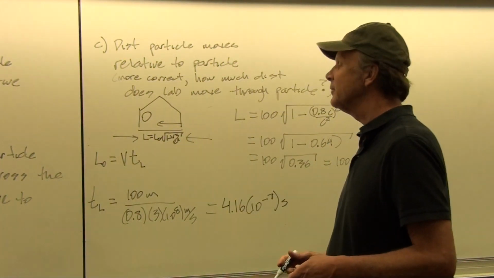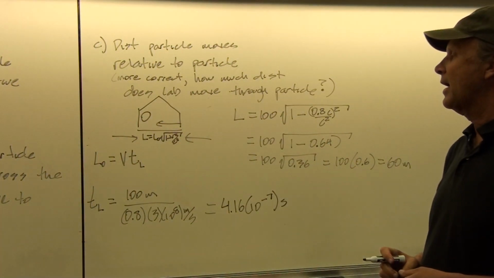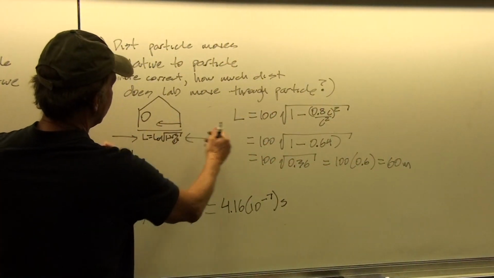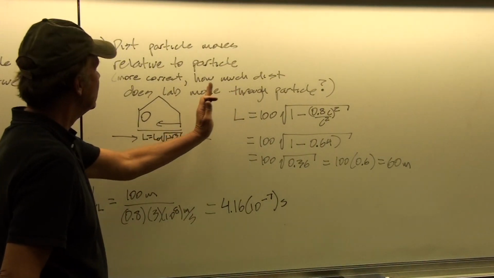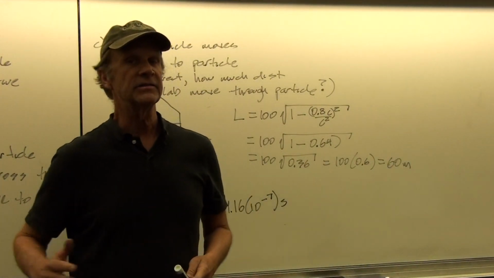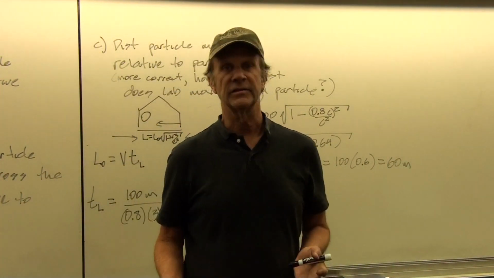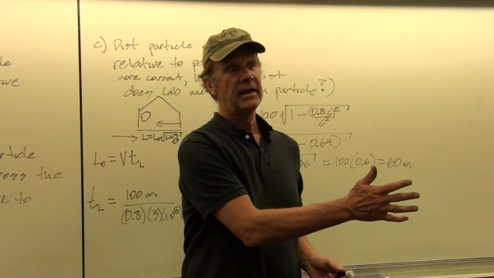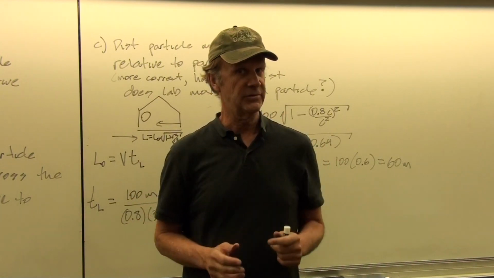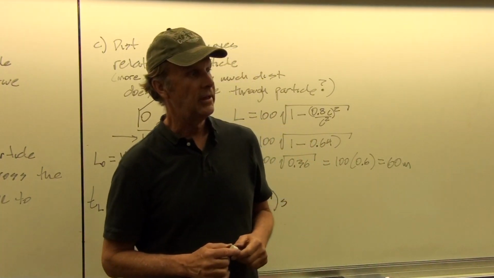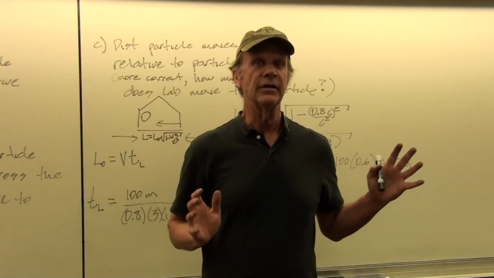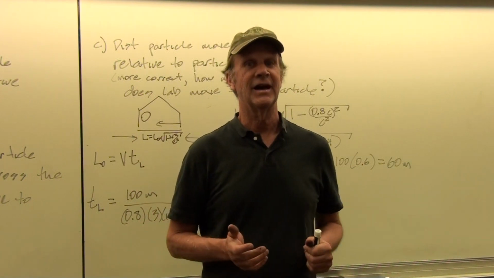Okay, because the particle is traveling through an object that's moving through it and is length contracted, just like the meter stick is length contracted. Here, the lab is length contracted. And so, if I were moving, let's say at 80% the speed of light, through a room full of students, you would think, well, you look pretty funny because your head's really oval, much skinnier than normal, and I would be getting a bigger laugh because I would see the entire classroom filled with oval heads, moving away from me in the opposite direction.